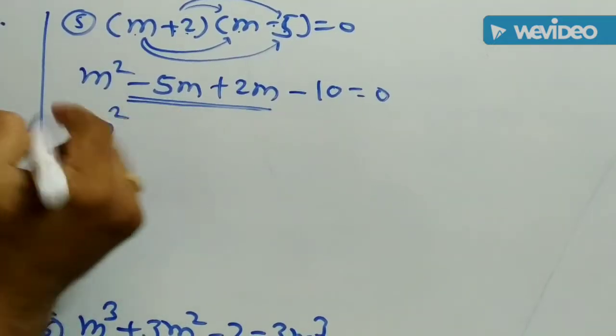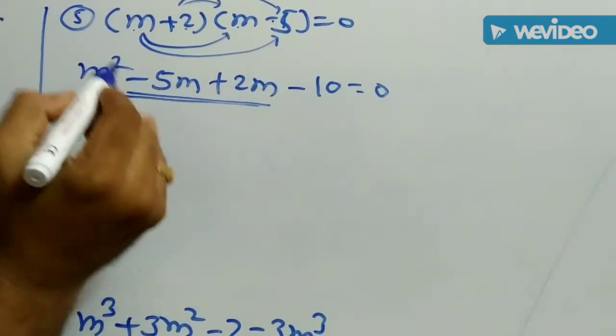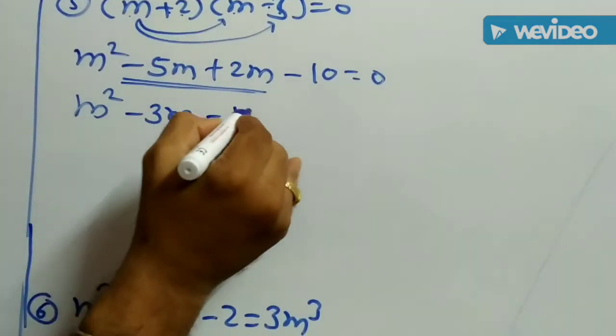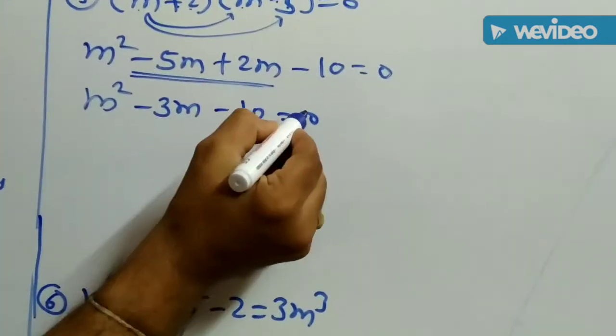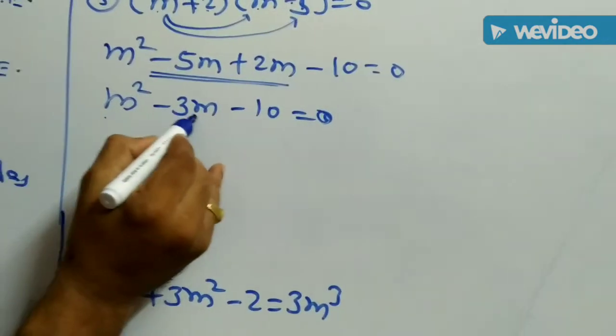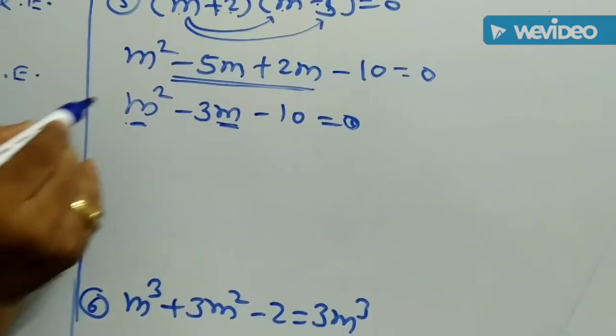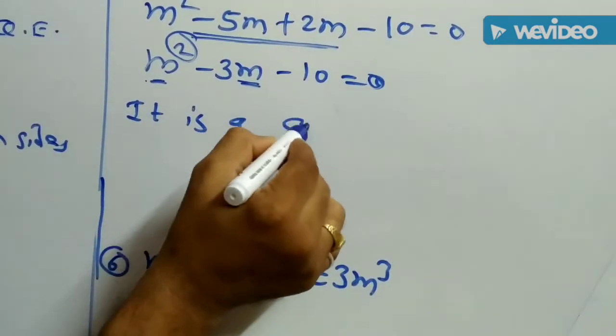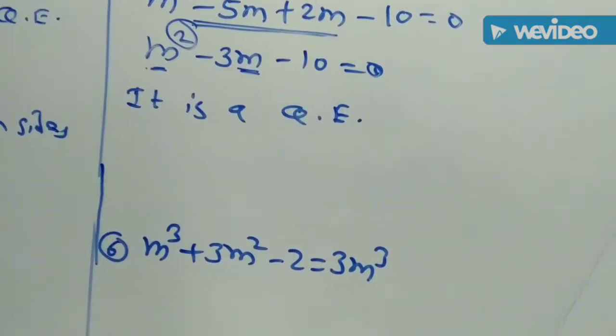Now solve these two terms, minus 5m plus 2m, that is minus 3m, minus 10 is equal to 0. Now this is the polynomial with one variable m. Its degree is 2, and therefore it is a quadratic equation.